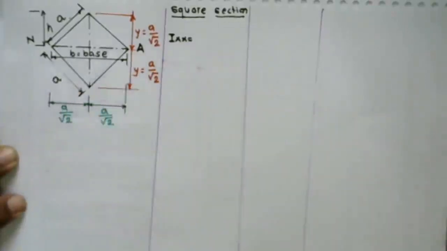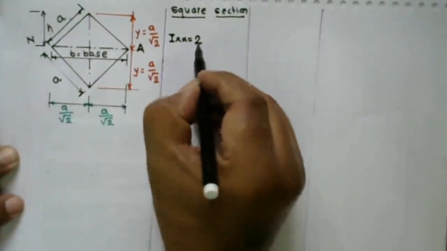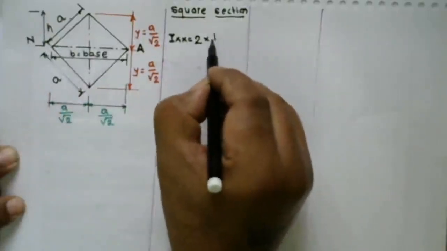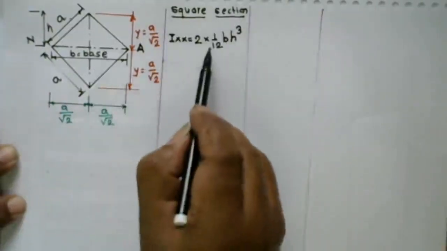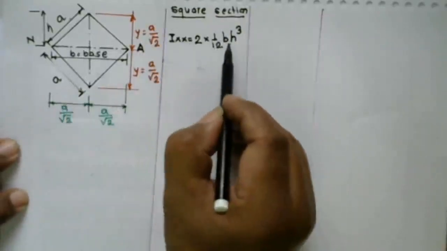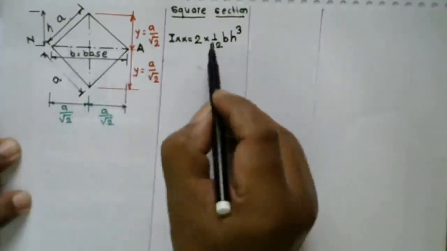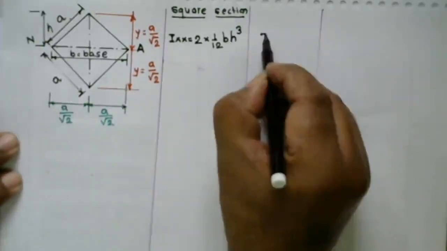So Ixx is equal to 2 times, because there are two triangles and we are taking the moment of inertia about their base, 1 by 12 BH cube. Listen here: when we calculate the moment of inertia about the neutral axis, it becomes 1 by 36 BH cube. But when we calculate the moment of inertia about the base, it becomes 1 by 12 BH cube.